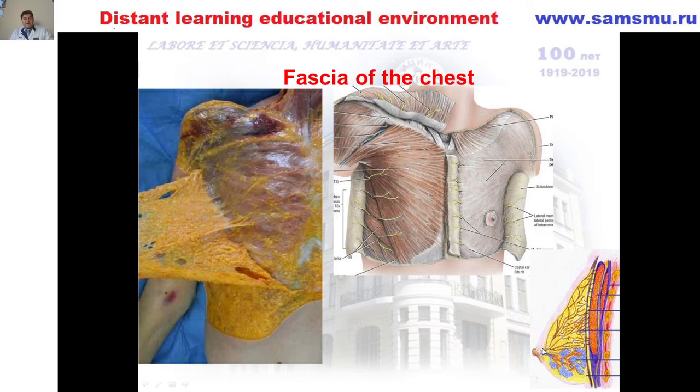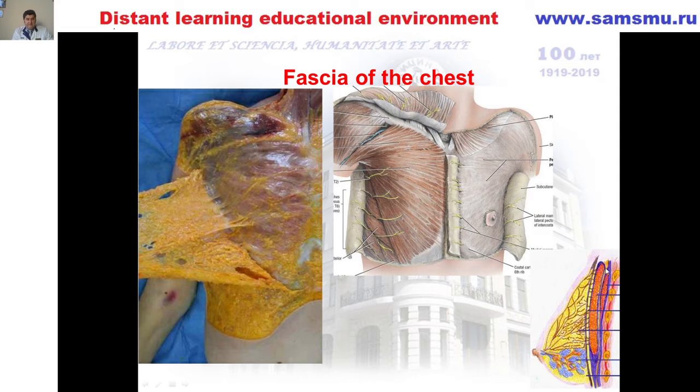Under the pectoralis major muscle is the more conspicuous deep sheet of the pectoral fascia. It's thickest in the region of the clavipectoral triangle and is known here as the clavipectoral fascia, fascia clavipectoralis.